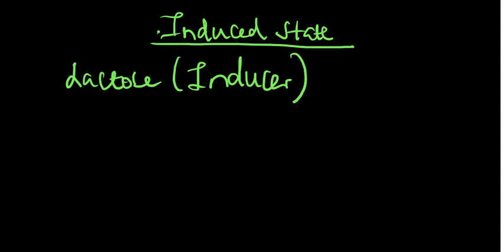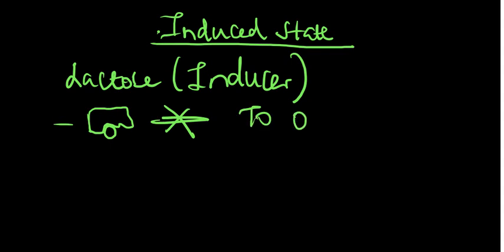When the lactose, the inducer, is present, it alters the shape of the repressor when it binds there, which then can no longer bind to the operator region.